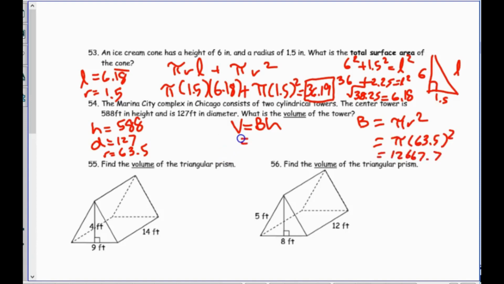So that's B, 12667.7 times the height, which is 588. And that gives us a very large number, 7.45 E6.